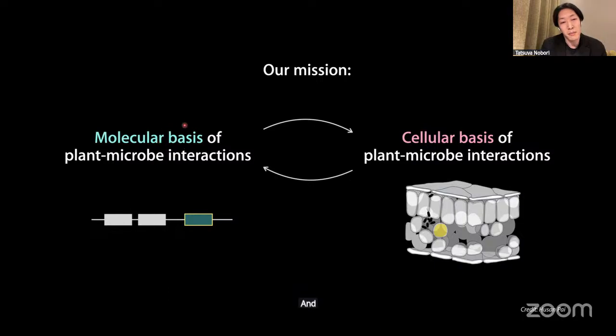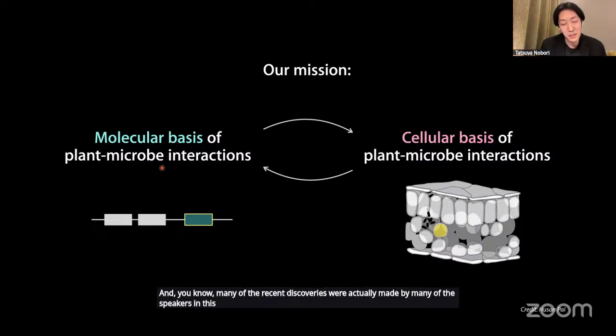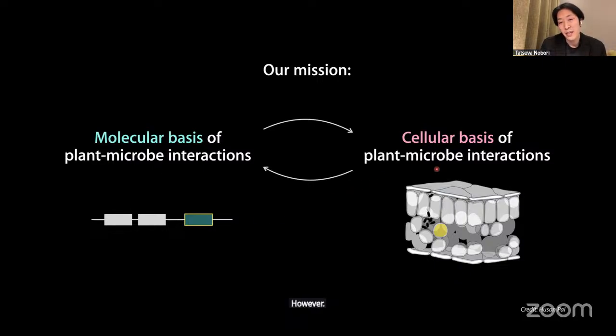And many of the recent discoveries were actually made by many of the speakers in this symposium, which is quite amazing. However, we still lack the foundational understanding of the cellular basis of plant microbe interactions. So what kind of cells are there? I propose that plant immune cell states may be a useful framework to understand this.